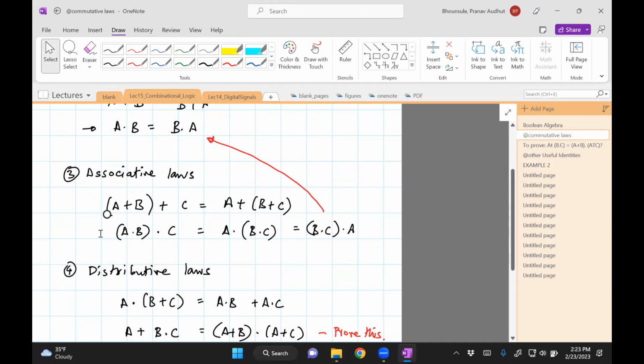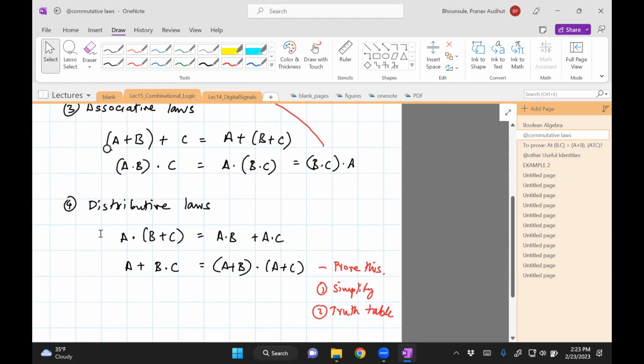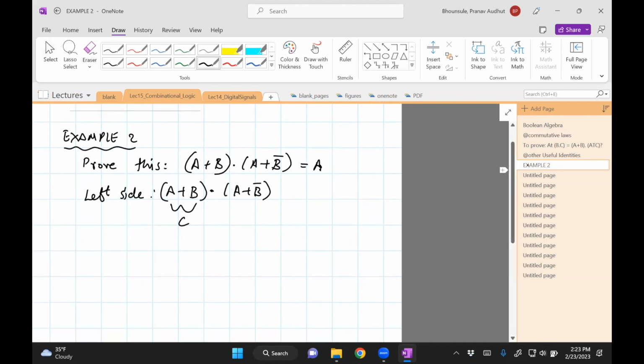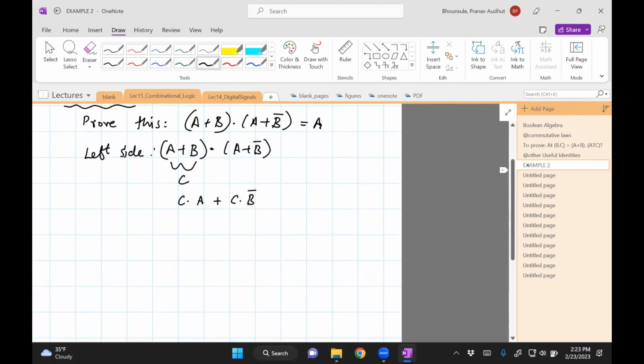Maybe this one will work: A dot (B plus C) is the same as A dot B plus A dot C. So you can think of A plus B as C. Then C dot (A plus B complement) is the same as C dot A plus C dot B complement, where C is nothing but A plus B, so A plus B dotted with A, plus A plus B dotted with B complement.